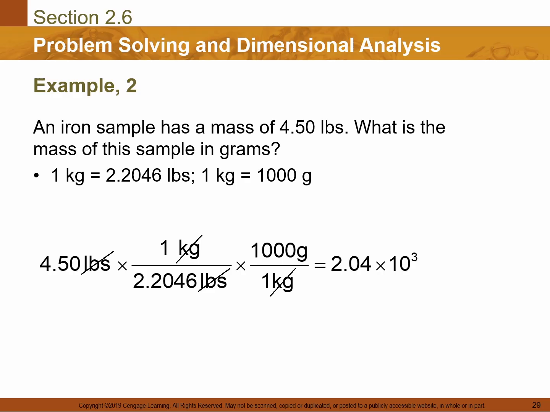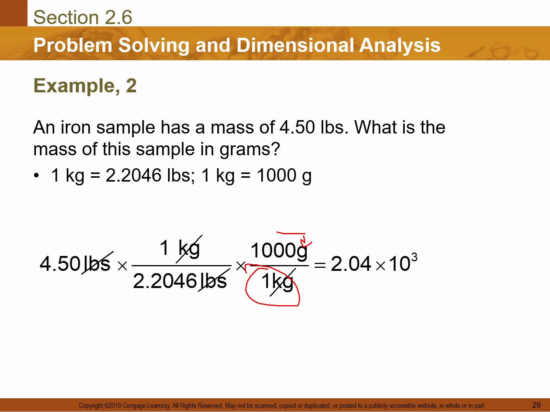We start with pounds because we know we're in pounds, which means we need the conversion factor for kilograms to pounds with the unit we want, or at least the step we need to take, on top. Then we have the unit that we don't want on the bottom of the next piece, which would be right here, and the conversion that we do want because we want the answer in grams. Bing, bam, boom. There we are.